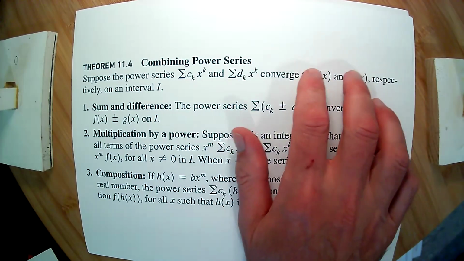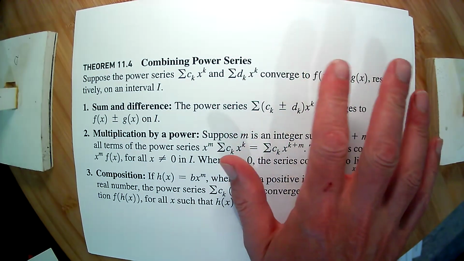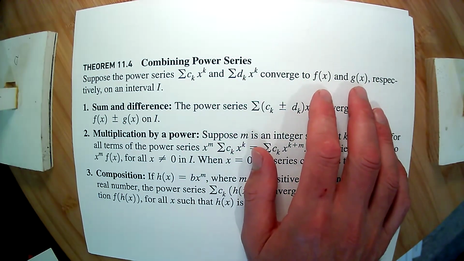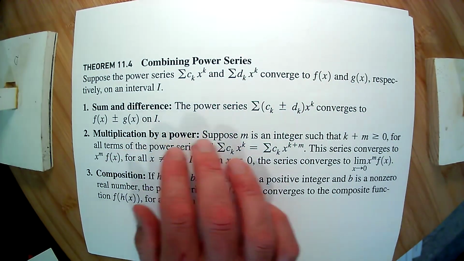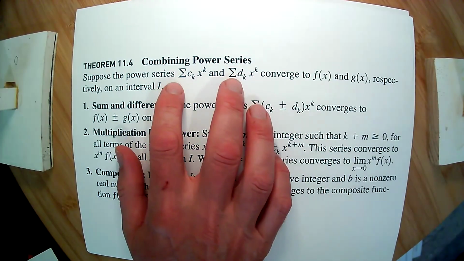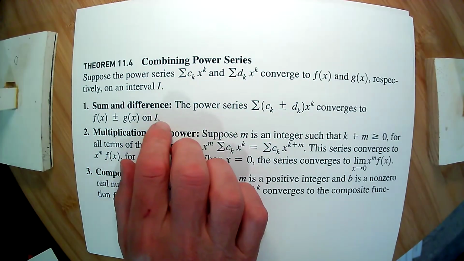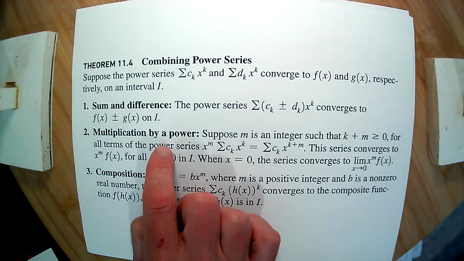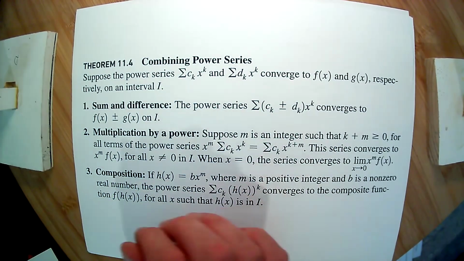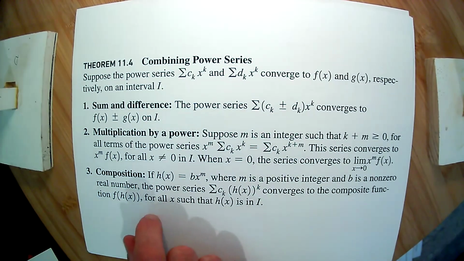Whether or not we can write these in terms of other transcendental functions or not is neither here nor there. But it turns out that if you add those two series together by combining like terms, you get a new function that converges on the same interval. Same for multiplication, and same for composition with a continuous function, basically.